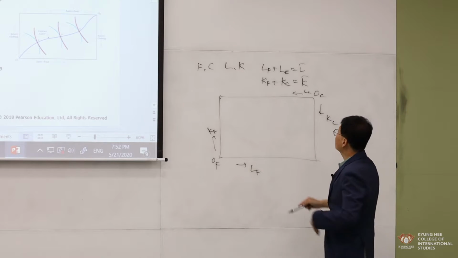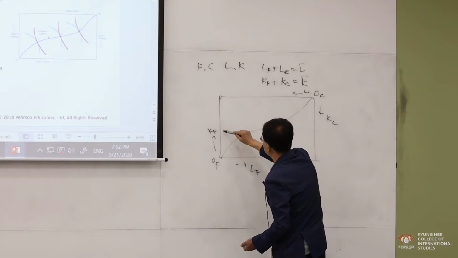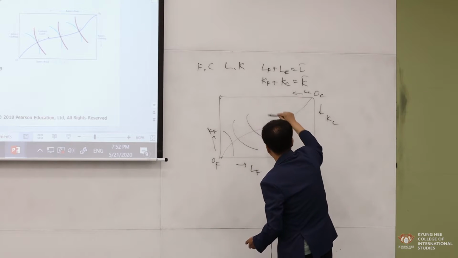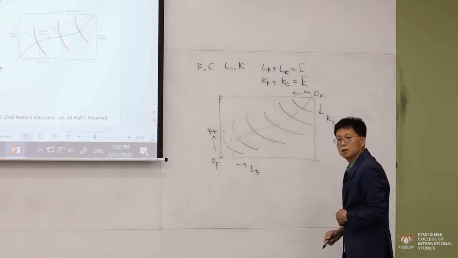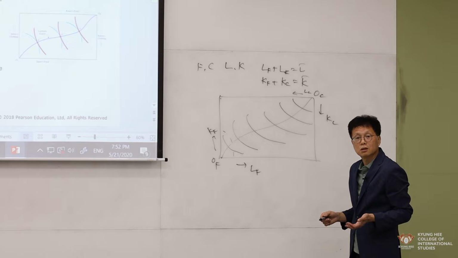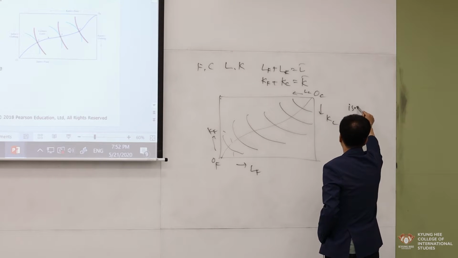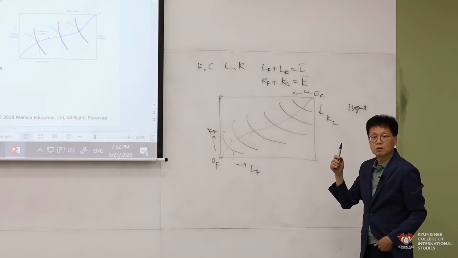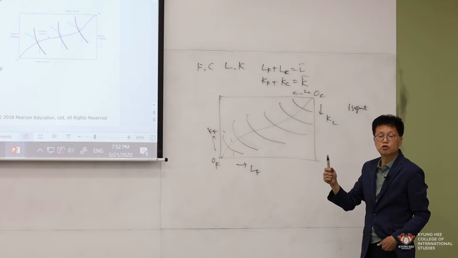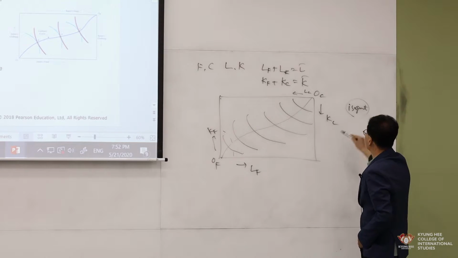Then we can find a contract curve like this. What is this? Isoquant. We already studied isoquants: production bundles of labor and capital combinations that produce the same units of output. That is the meaning of isoquant.